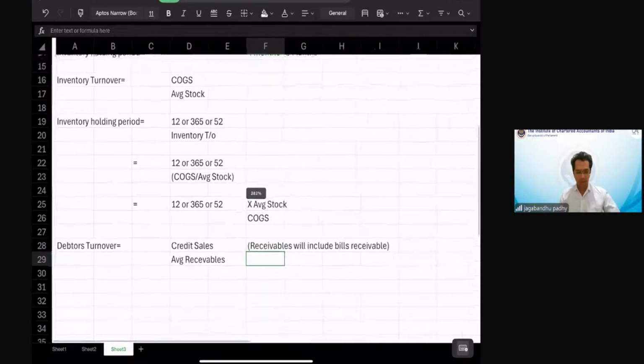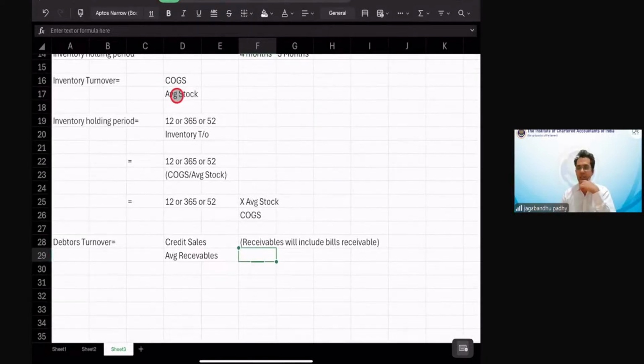Okay. So whenever we say denominator is average, average is nothing but you take the opening and closing and then divide it by 2. The average stock is basically opening inventory plus closing inventory divided by 2.